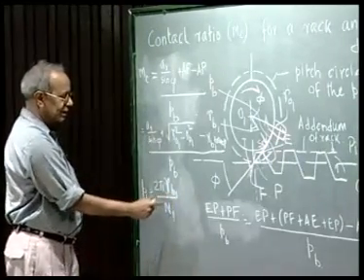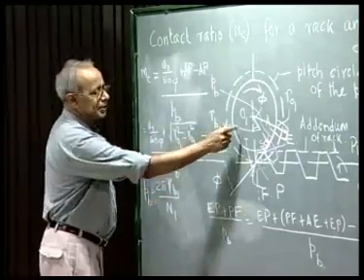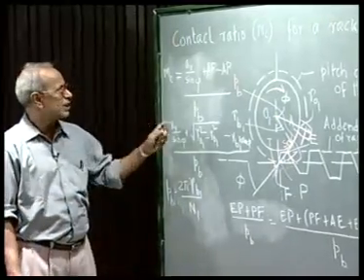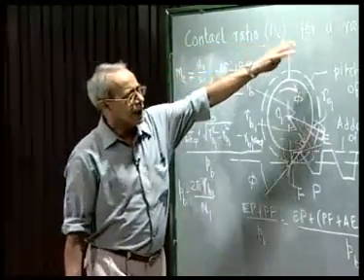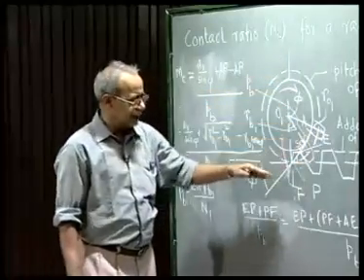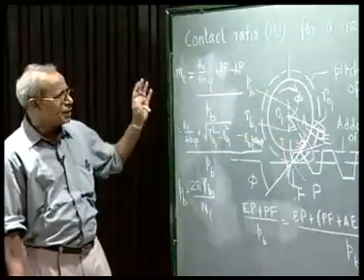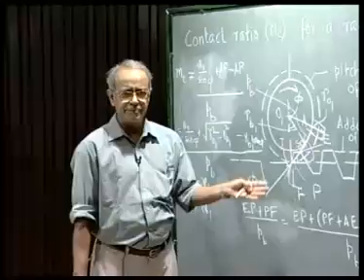RB1 is the base circle radius, N1 is the number of teeth of the pinion. So this completes our discussion on the contact ratio for a rack and pinion drive. The methodology is just similar to what we used for a pair of involute gear teeth profile.